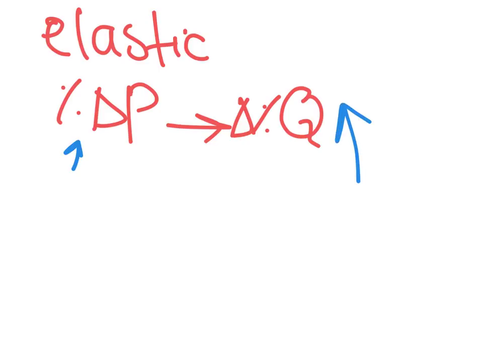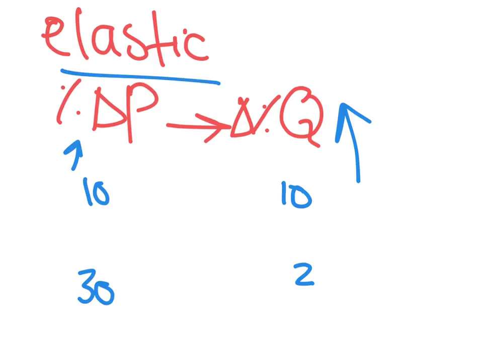For example, if the price was 10 and we had 10 people who wanted that product, and then suddenly it became 30, now we would have only 2 people who want that product and are able to get it. So that is what we mean by elastic.